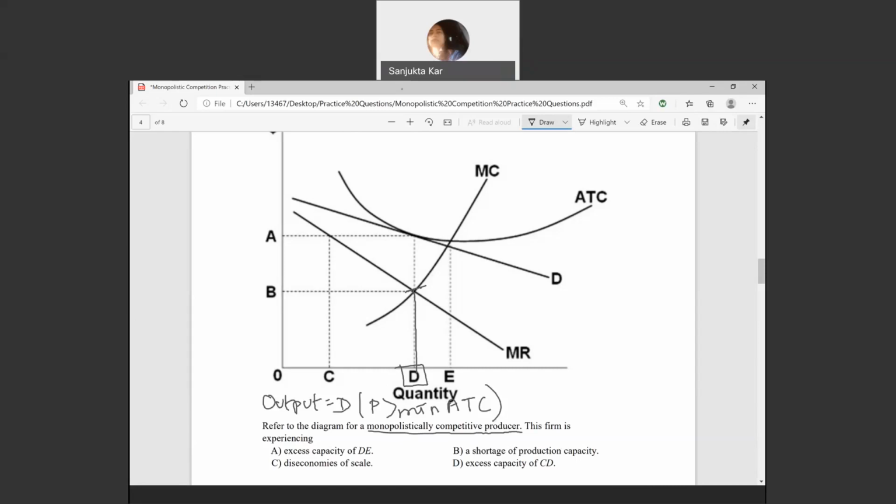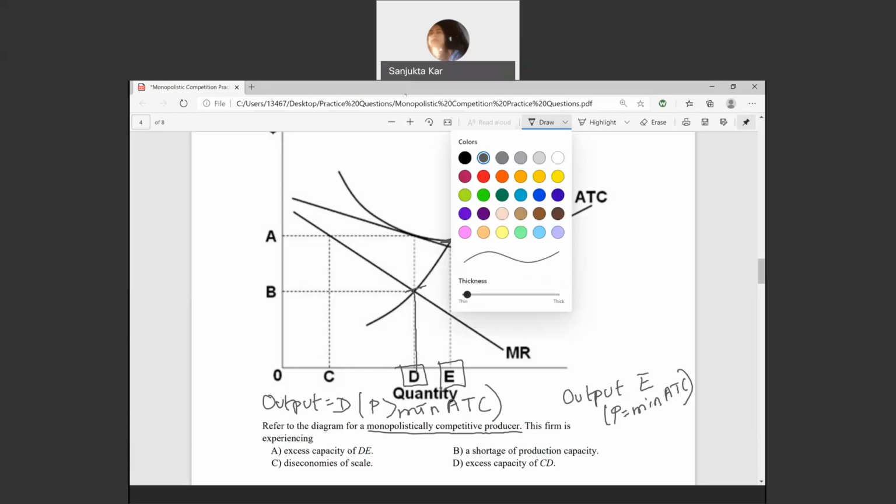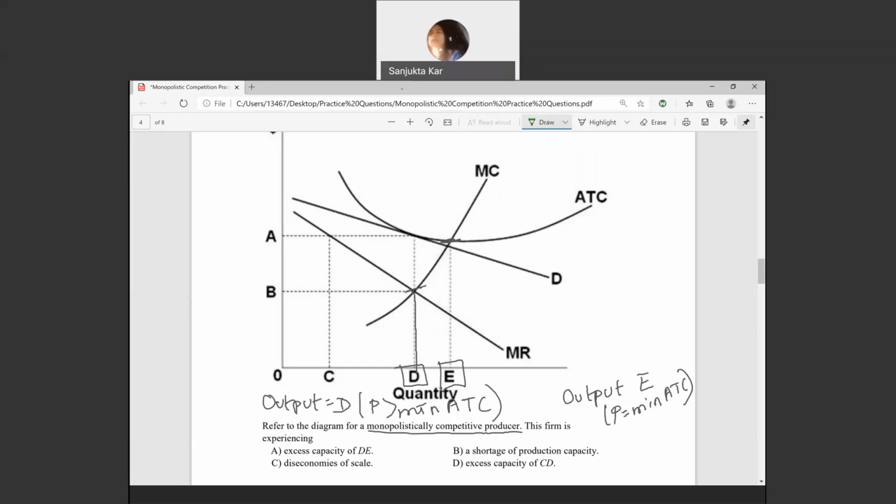And if we compare this to the output E, E is the output at which price is equal to minimum average total cost, like this one, where E is intersecting ATC. So E is produced at the point of minimum average total cost, unlike this output D, which is not produced at the point of minimum average total cost.